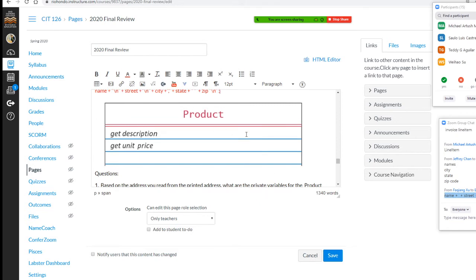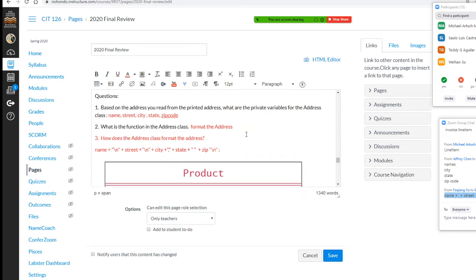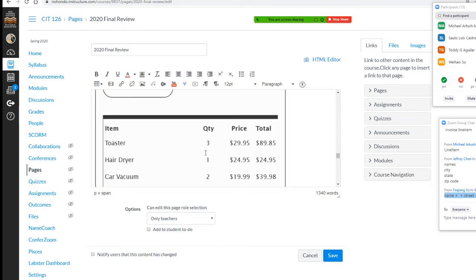Okay, product right now. Next, product. Okay, I saw a product right here. I saw a product: toaster, price $29.95.